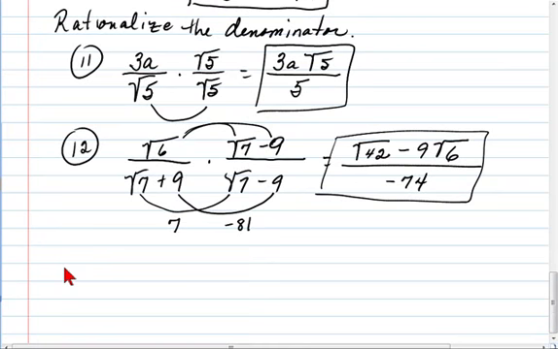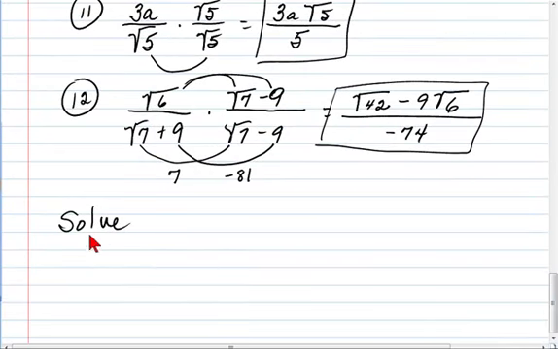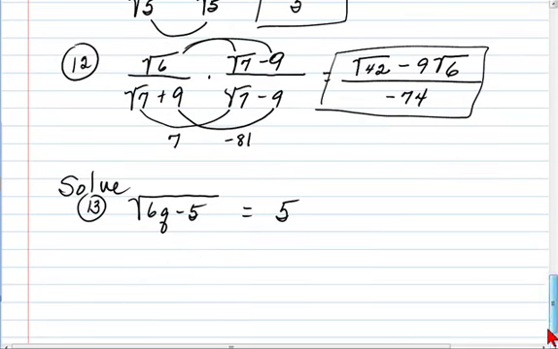Problem number 13 asks you to solve. This is an equation. I have the square root of 6q minus 5 is equal to 5. The rule for solving an equation with a square root is to get the radical isolated. It's already isolated.